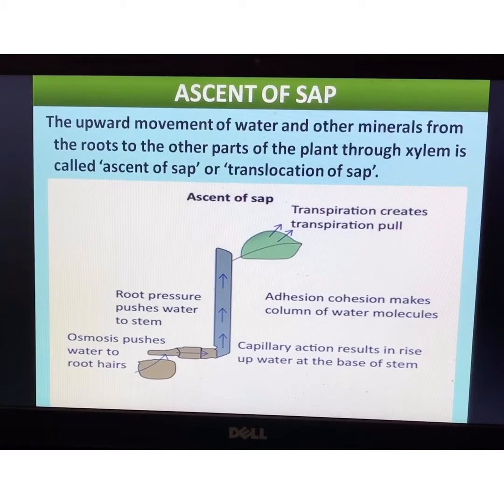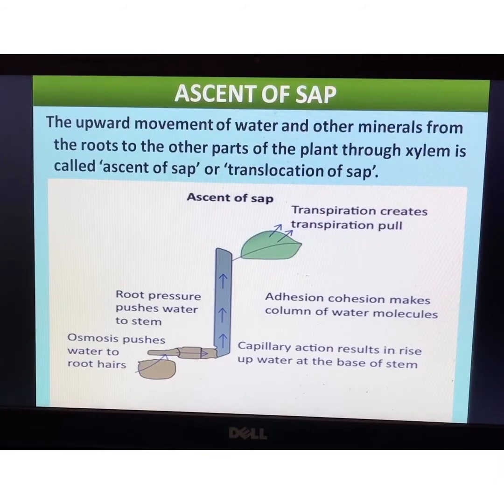There you will see that there are capillary tubes, and at that time you will be able to understand it much better. But this is very similar to capillary action. You can try it out at home. Just put the tip of the tissue paper in water, and you will see that the entire tissue paper is gradually, the water is rising up. You can see the water rising up in the tissue paper. Okay, so that is capillary action.